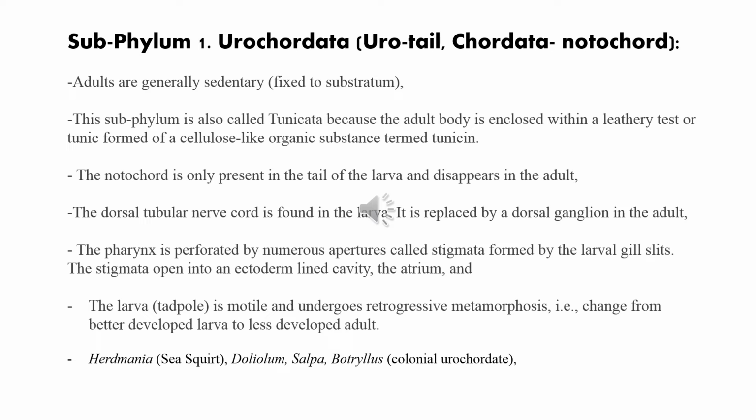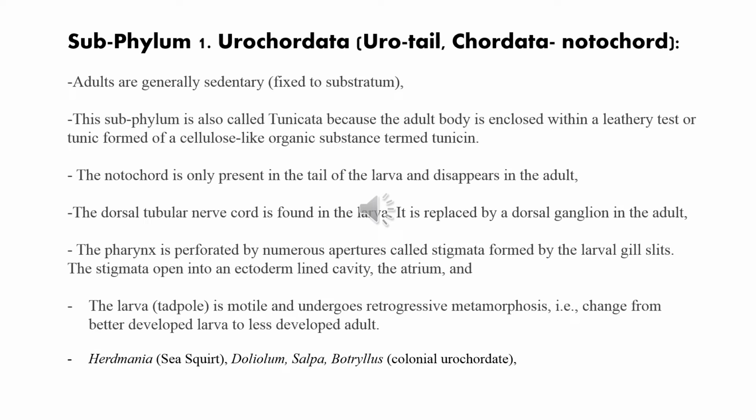Due to the beating of the cilia, water enters into the body of the organism and the animal filters the food from the incoming current of water. That's why almost all the animals belonging to Urochordata are termed filter feeders.